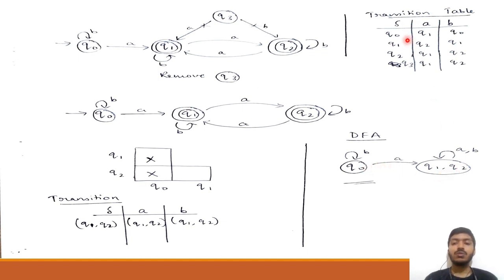Q1 on attaining A goes to Q2, Q1 on attaining B goes to Q1, Q2 on attaining A goes to Q1, and Q2 on attaining B goes to Q2. On A and B they stay within the Q1, Q2 group, so it's a self loop. And so this is our simplified DFA.